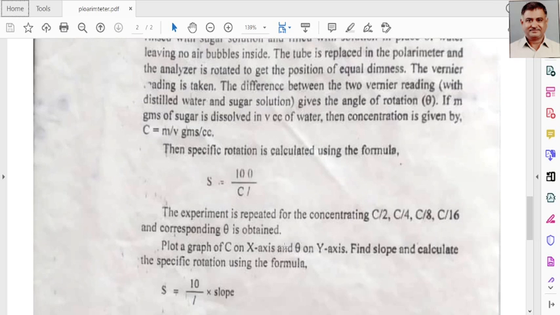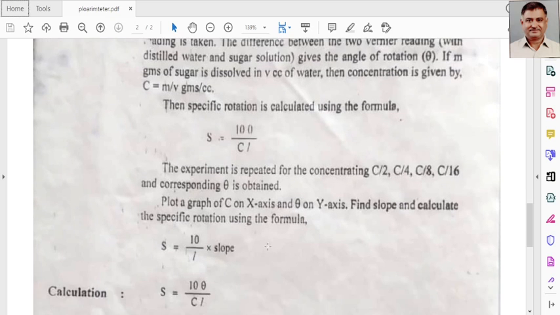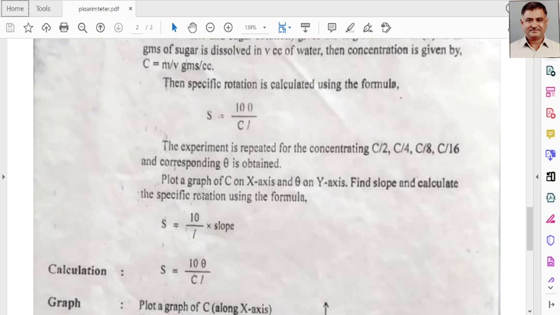The experiment is repeated for the concentration values C by 2, C by 4, C by 8, C by 16, and the corresponding theta is obtained. Then we have to plot a graph by taking C as the concentration on the x-axis and theta on the y-axis. Then we find the slope and calculate the specific rotation using the formula given here.